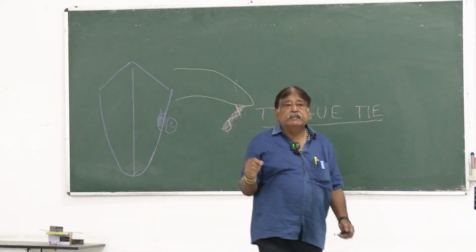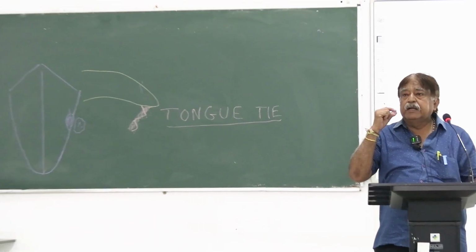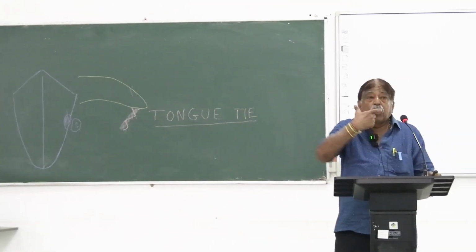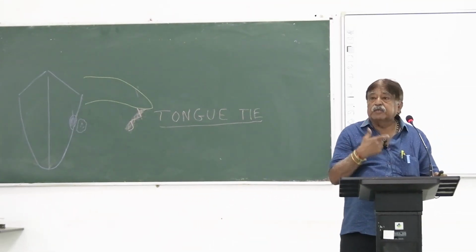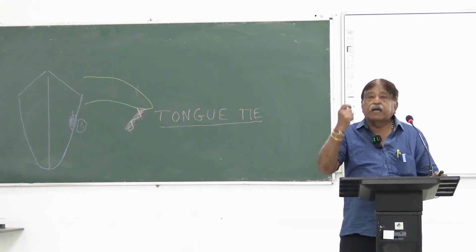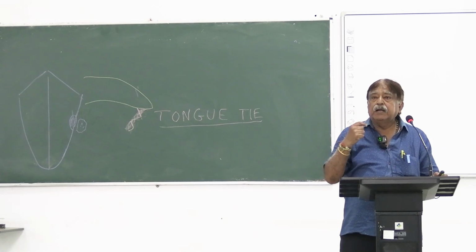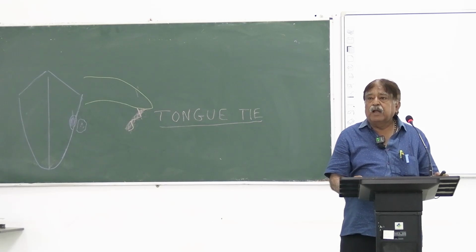Now, it can be that because of repeated biting, there is some occlusion defect, you bite the buccal surface of the oral cavity.